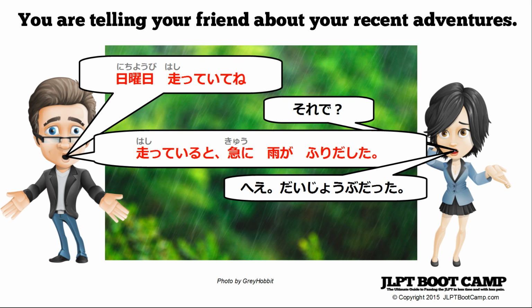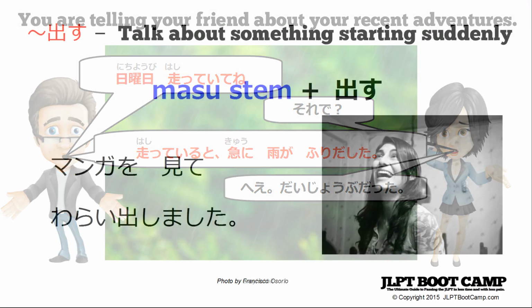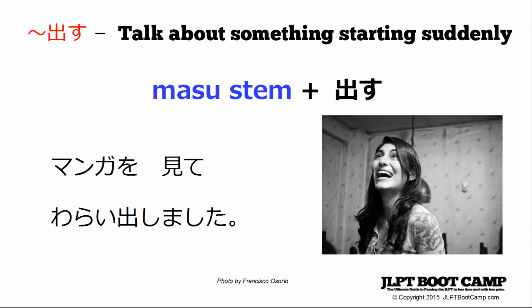And she asks, "Daijoubu datta?" So daijoubu is okay. Datta is the past tense of the copula. So she was asking, were you okay? And you were using dasu, which is a way to talk about something starting suddenly, which is different from hajimeru.